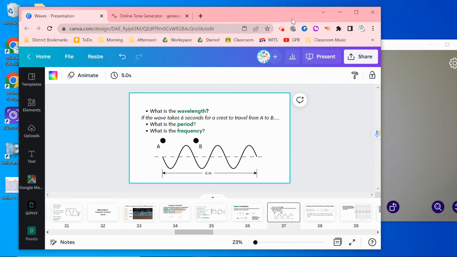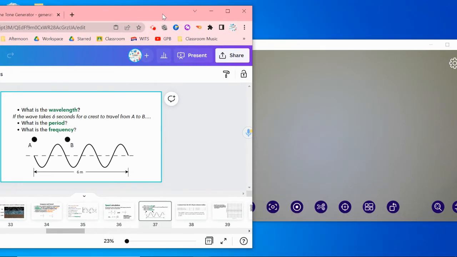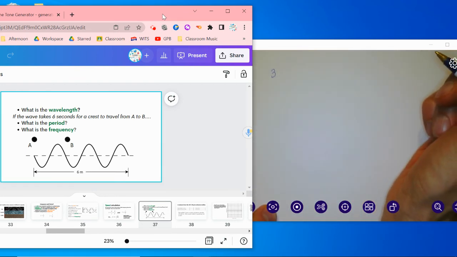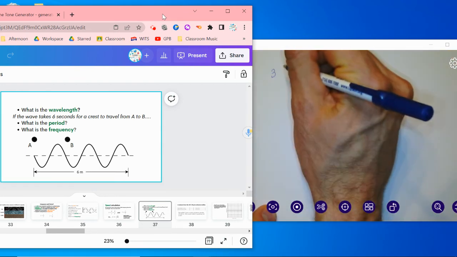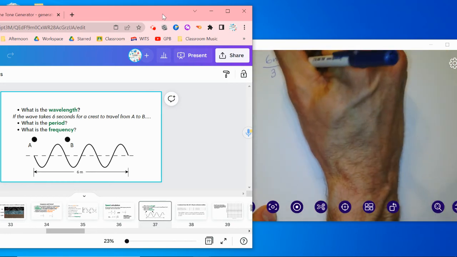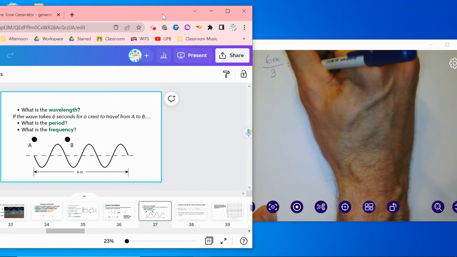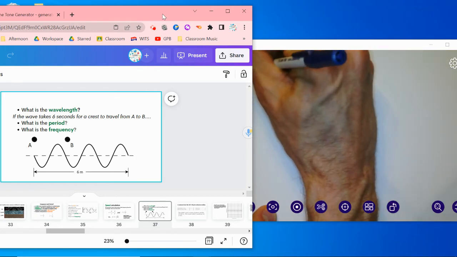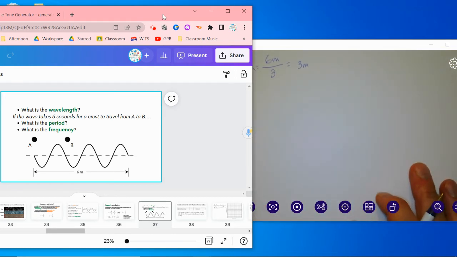So that's 3 cycles of wave in this medium. We don't know what the wavelength is, so that's going to be 6 meters divided by 3 cycles, which is 3 meters. Our wavelength is 3 meters.